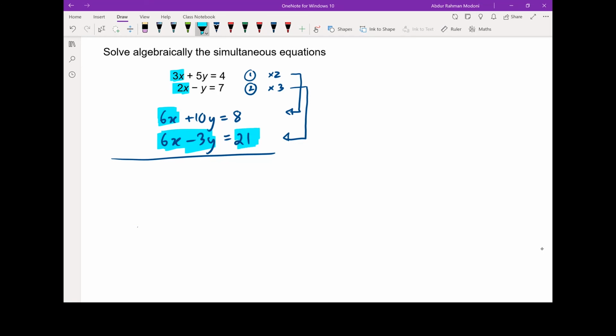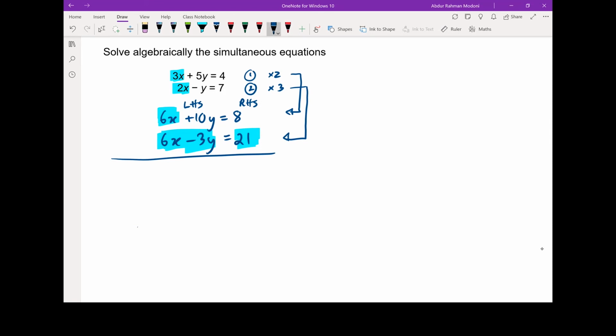So if I was to take 6x minus 3y away from the left-hand side of the equation, that is also the same as taking 21 away from the right-hand side of the equation, because they are both equal values because of the equal sign in between them. So essentially what I'm doing is taking away the same thing from both sides.